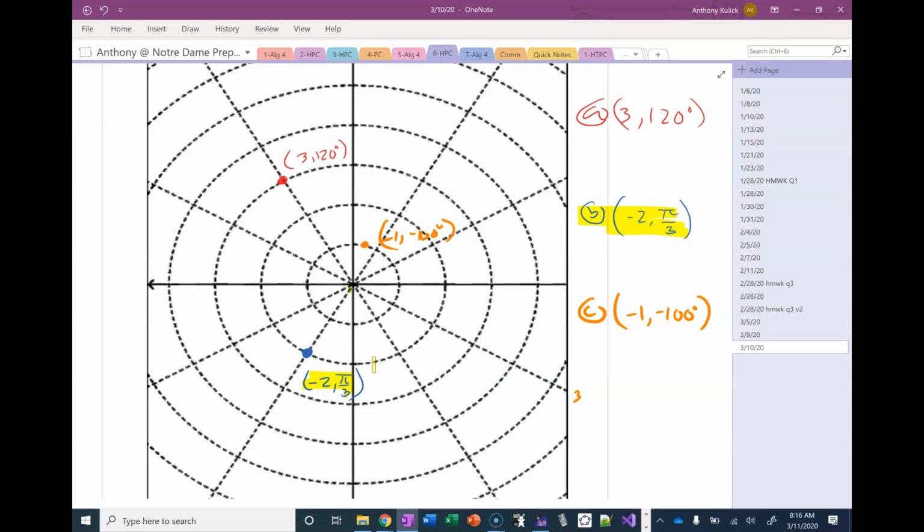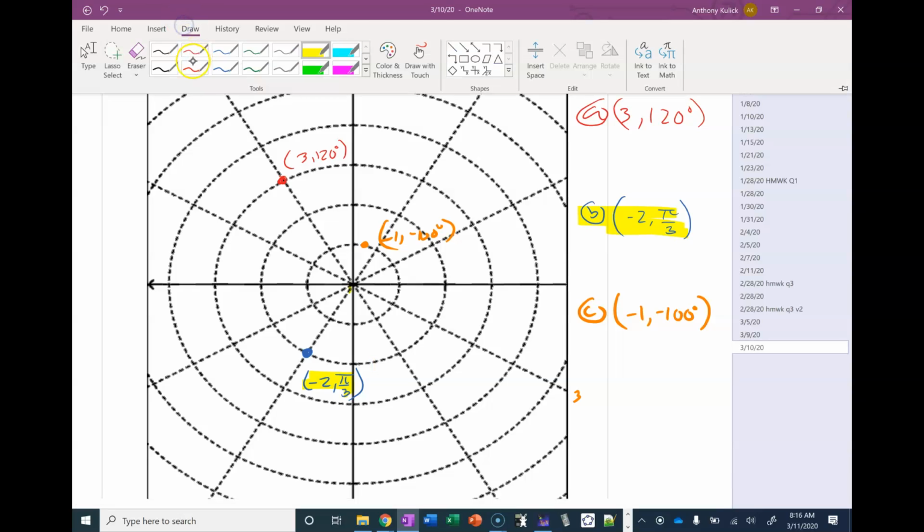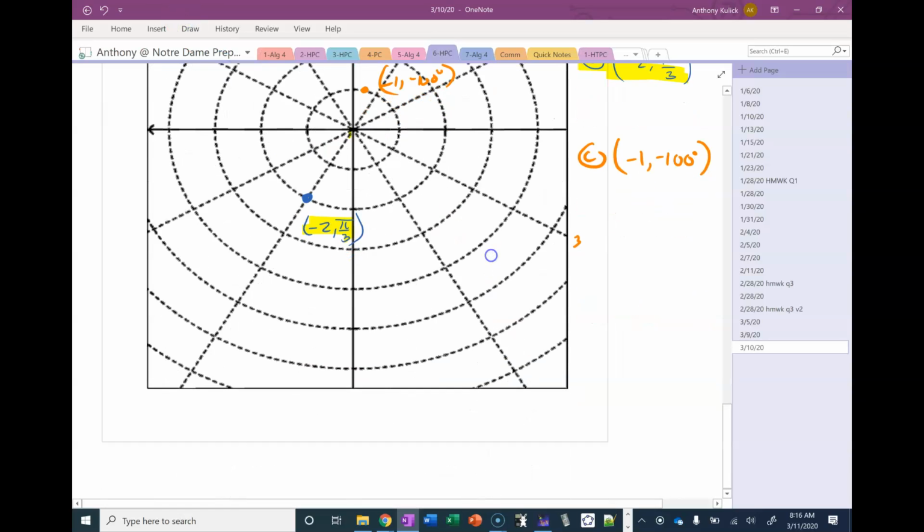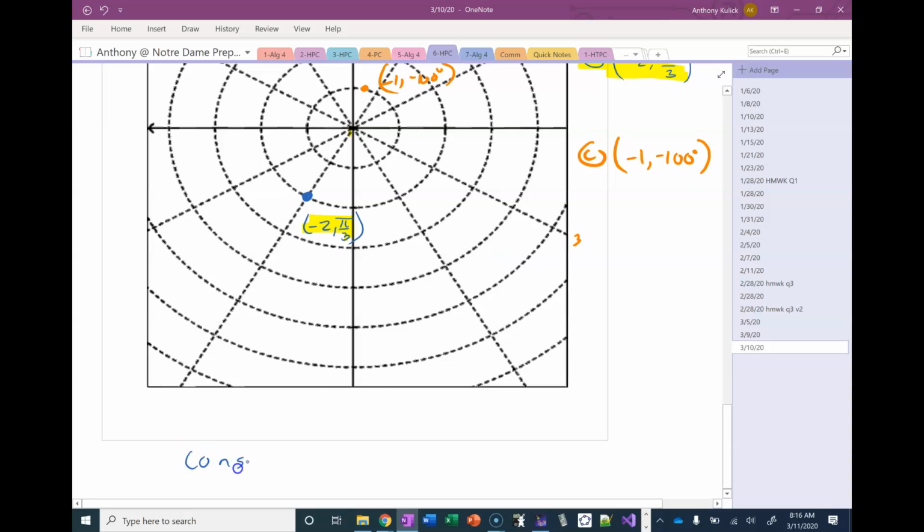No. Okay. What else could I do? So what's another point that looks different but is still describing the same location?